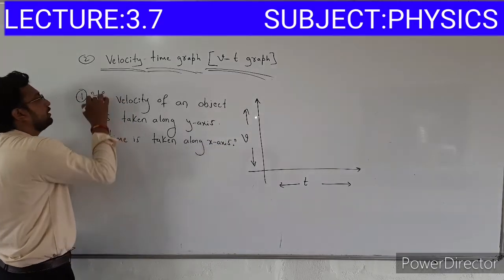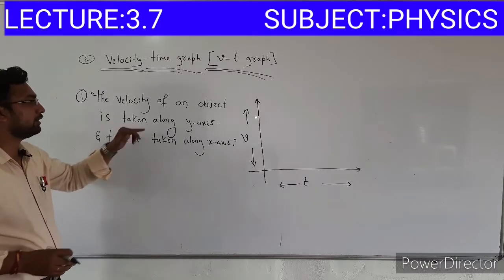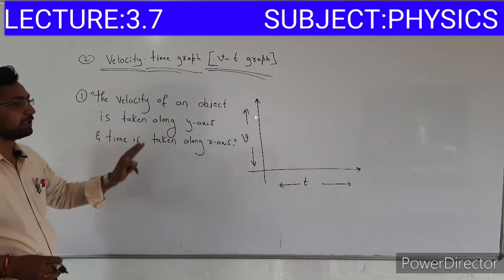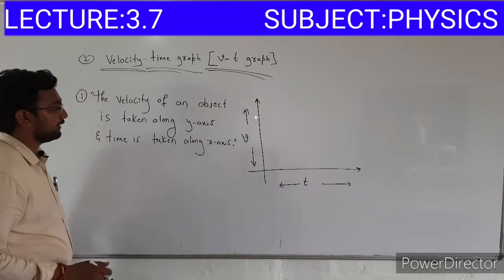So this is the definition of the velocity time graph. The velocity of an object is taken along the y-axis and the time is taken along the x-axis, right?